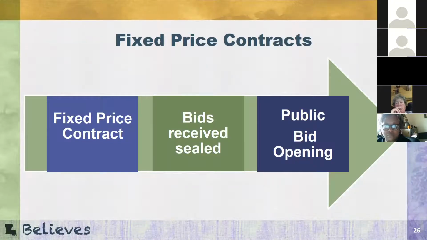When using a fixed price contract, the bids are received sealed and they're held sealed until the date and time of the bid opening. The bids are opened during the public bid opening and are read aloud to all participants. A firm fixed price contract award is made in writing to the lowest responsive and responsible bidder.